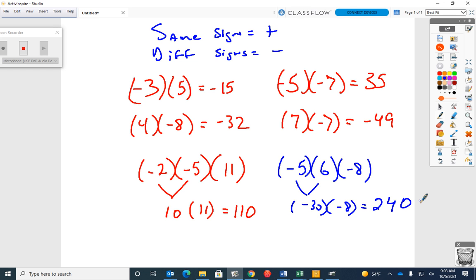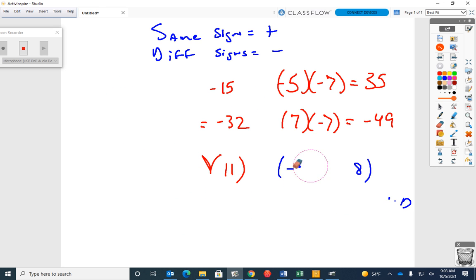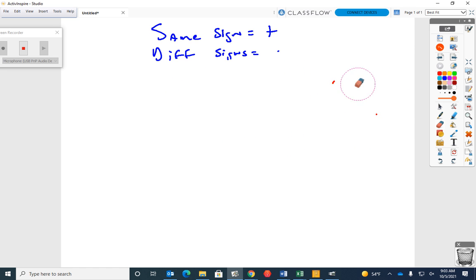Okay. Now let's move over to division. Division has the same rule. If I am dividing different signs, it's negative. If I am dividing the same signs, it's positive. So let's say I have something like this.